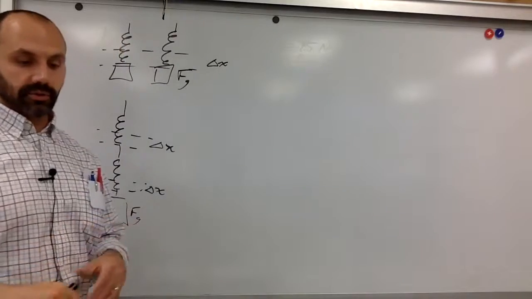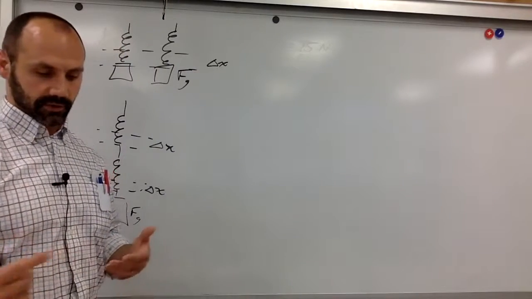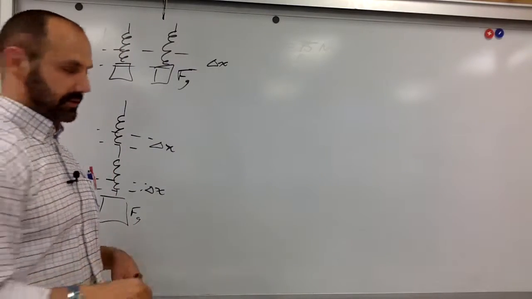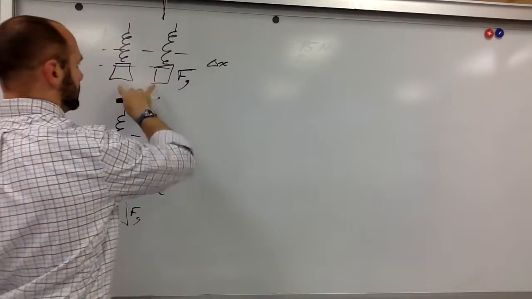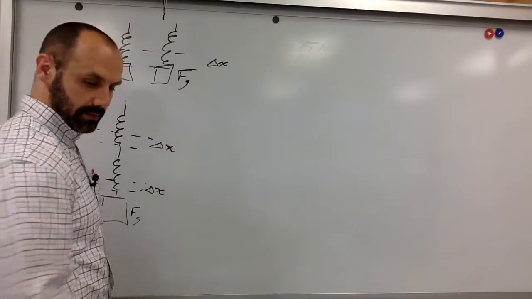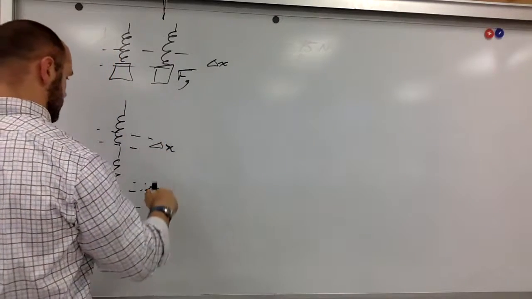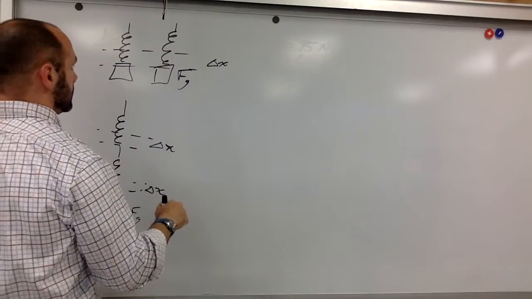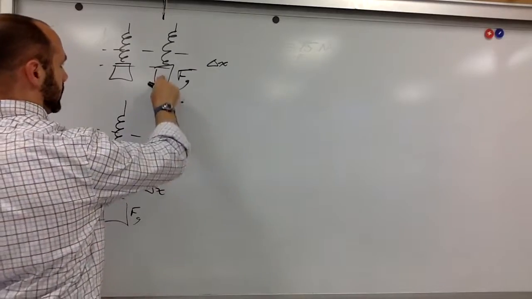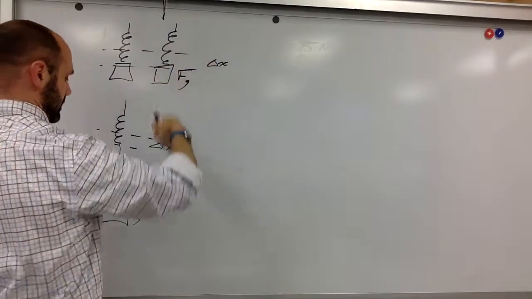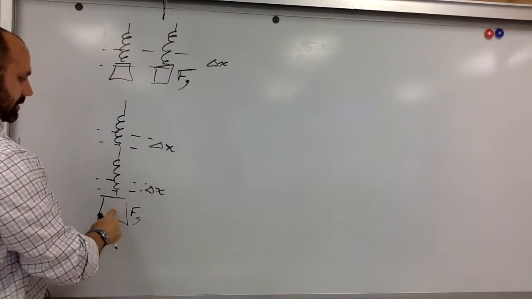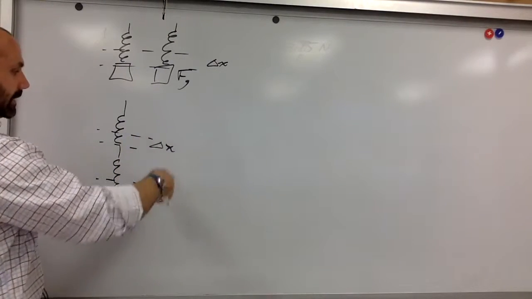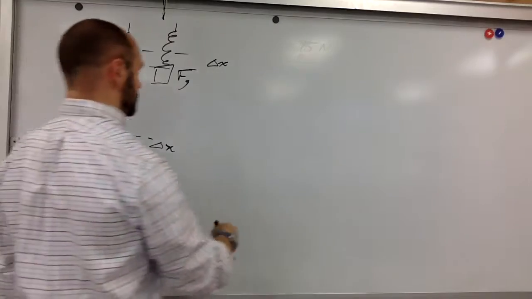Now we're going to assume that we don't know if these are the same springs or not. We just got two different springs. But here, imagine I've got one weight attached, a weight attached here, a weight attached here. I get some delta x, and then one of these weights I attach here again, and now I'm adding up these two delta x's, right?